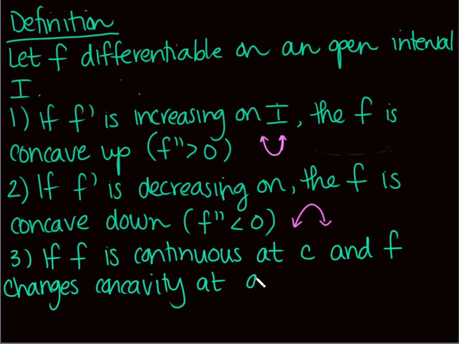Changing concavity at c means, as you look from left to right, either going from concave up to concave down or from concave down to concave up. Then f has an inflection point.